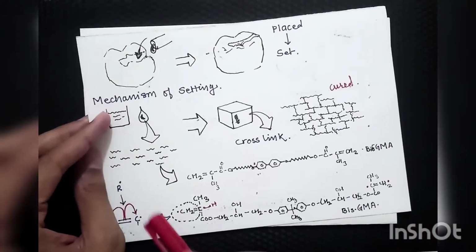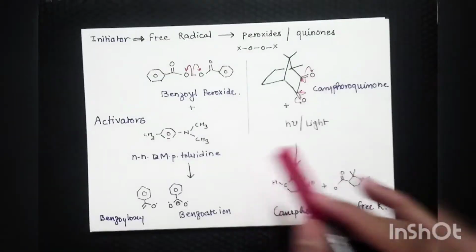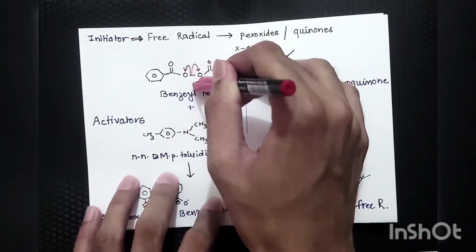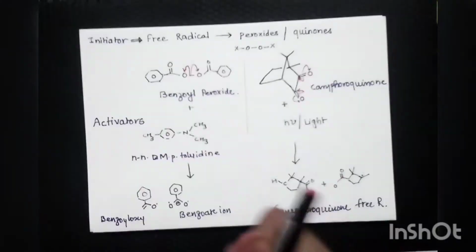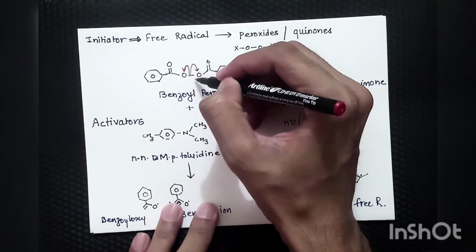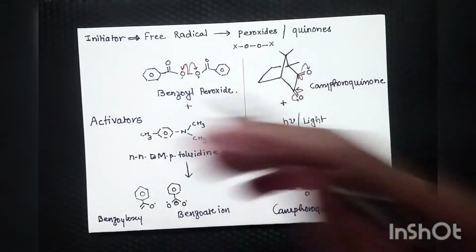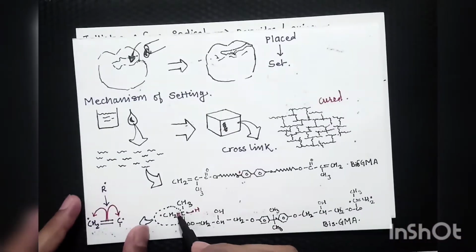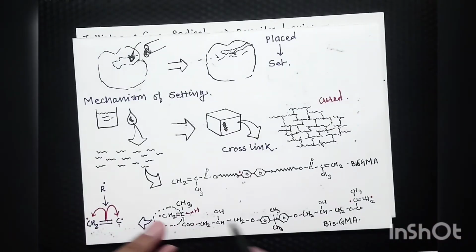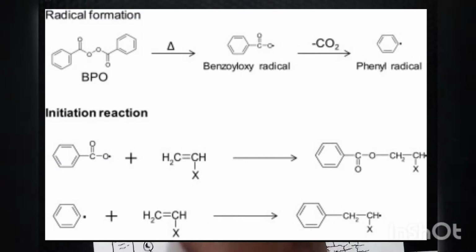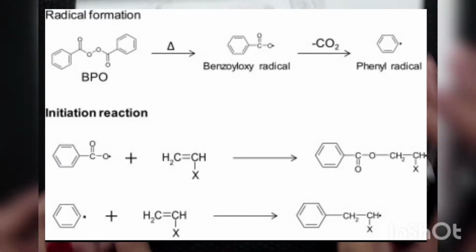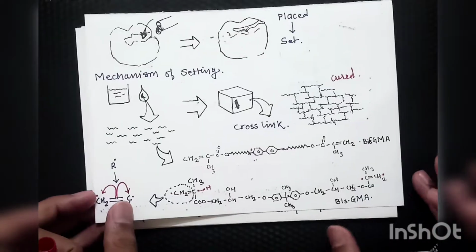So we need an initiator, but to activate this initiator we need an activator, which will break these bonds and produce free radicals, and these free radicals in turn will break these bonds and form a long chain. That is initiation, and after initiation there will be elongation of the long chain.